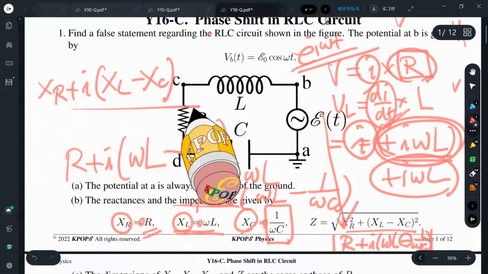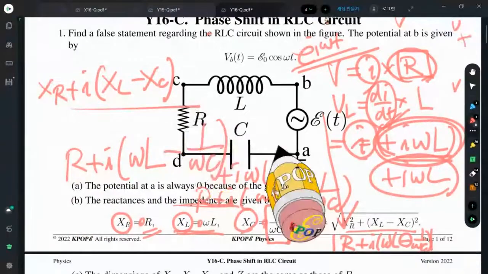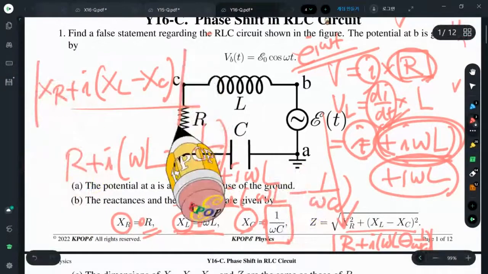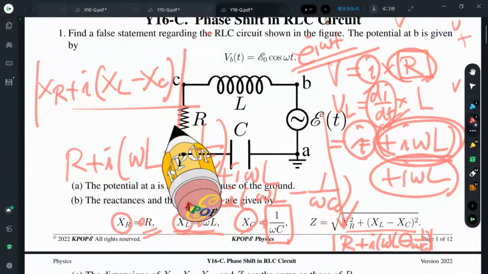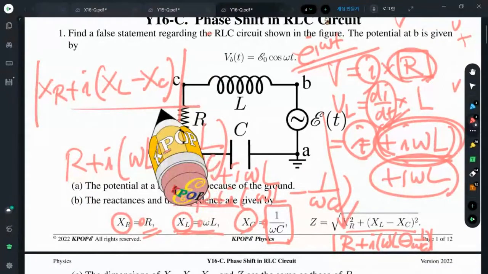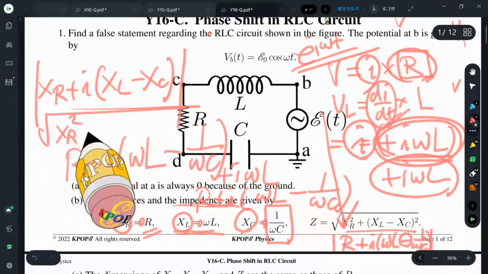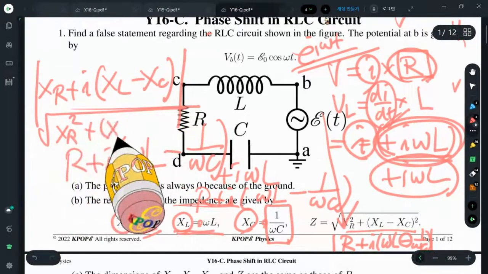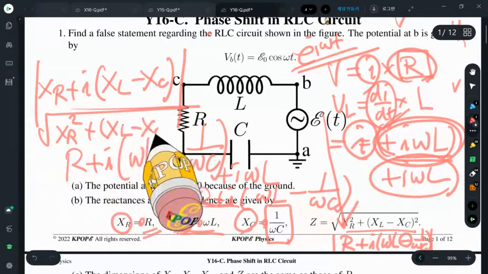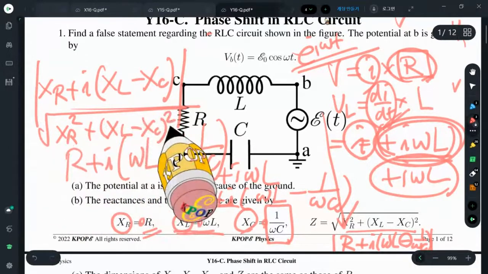And then if you are interested in the amplitude only, the amplitude is just the absolute value of this complex number. The absolute value is the square root of the real part squared plus the imaginary part squared.